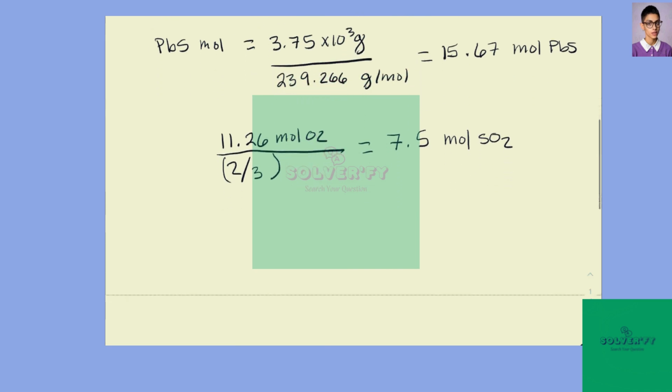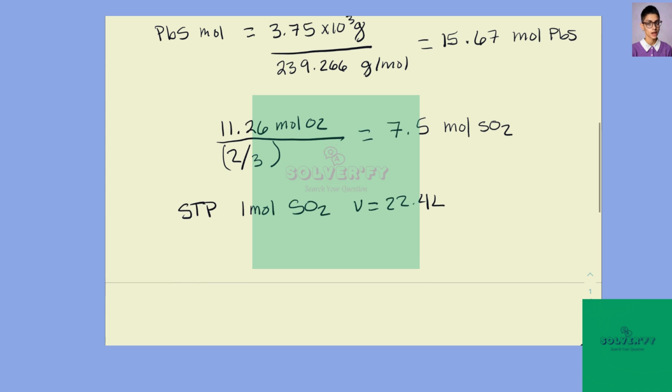All right, and this is wanting us to find the volume at standard temperature and pressure. So we also know that at standard temperature and pressure, when we have 1 mole of sulfur dioxide, the volume is going to equal 22.4 liters.